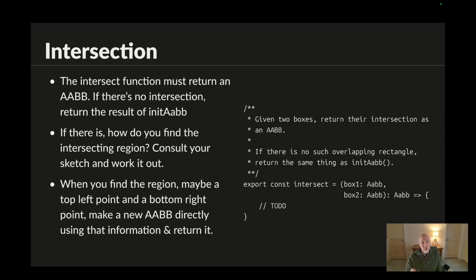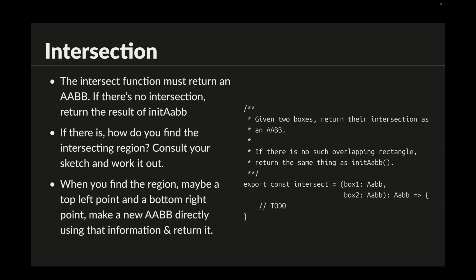Look at your sketch and ask it to visually give you the answers. You've already written code to initialize an empty AABB, so you can use a similar approach to build a new AABB from known values. All you have to do is identify the top left and bottom right corners that model the intersecting region's minimum and maximum points.